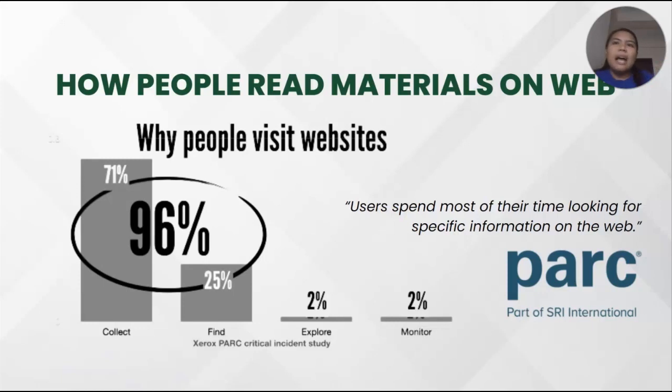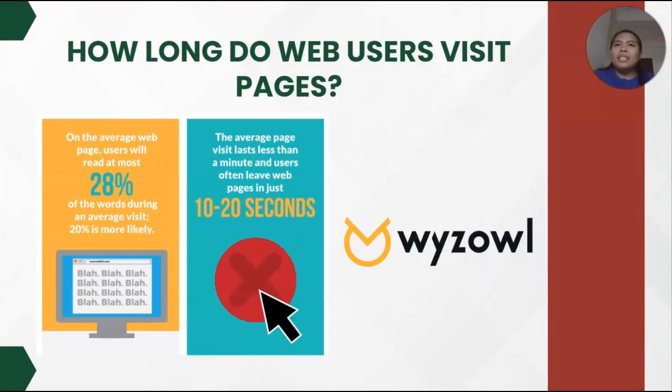An example is finding the specific location for food for lunch, or finding the best combination of clothes for fashion. So 2% explore the web, and 2% monitor. So they scroll the screen to update random information. So basically, users spend most of their time looking for specific information on the web.